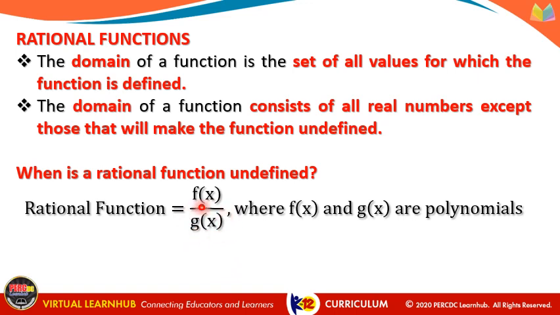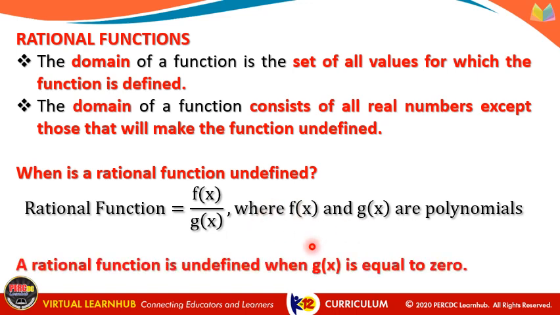Kasi kung naging 0 yung value ng g of x mo, edi magkakaroon ka na ng division by 0. So, therefore, a rational function is undefined when the g of x, yung denominator, ay magiging 0. Ito ngayon ang mga iiwasan natin. Iiwasan natin yung mga values ng x na gagawin niyang 0 yung nasa denominator.